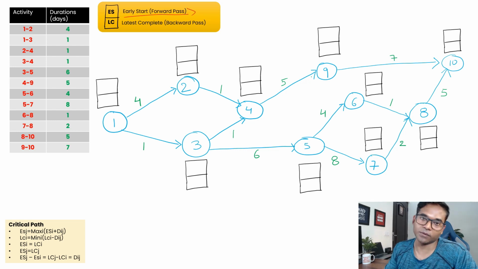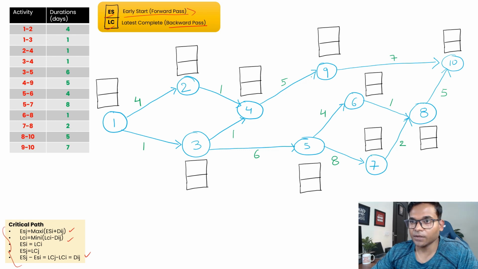If you want to know, you can go back to the previous session. The late completion represents a backward pass. Just for reference, I have kept the formula here so that you can immediately refer to it while I'm working on the network diagram. We have already drawn this network diagram in our previous slide. Now let's calculate those early start and late completion durations.